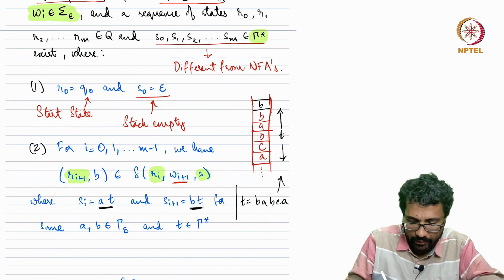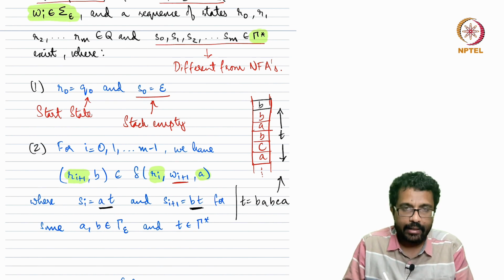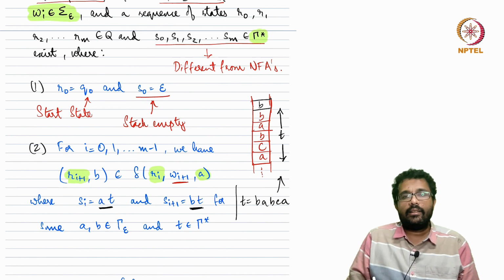This is what I have written here. Before the ith transition, the stack was AT. After the ith transition, the stack content is BT.